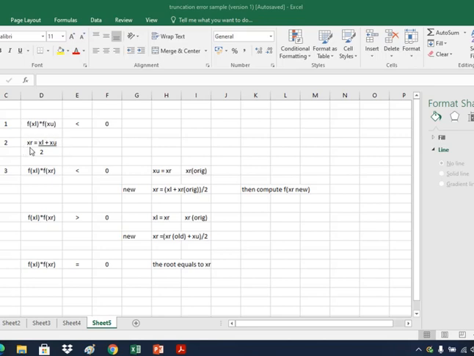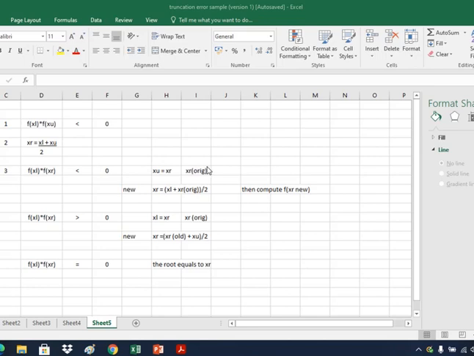After we get this, we get the product of f of xl multiplied by the function of xr. Then, if the result is less than 0, your upper bound xu is equal to xr, the original one you computed in step 2.